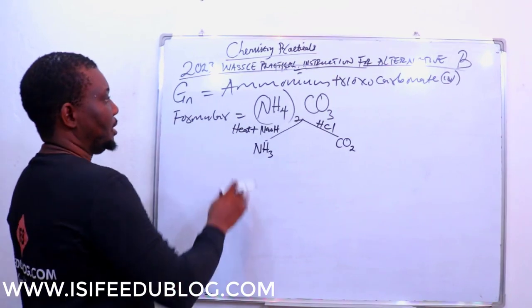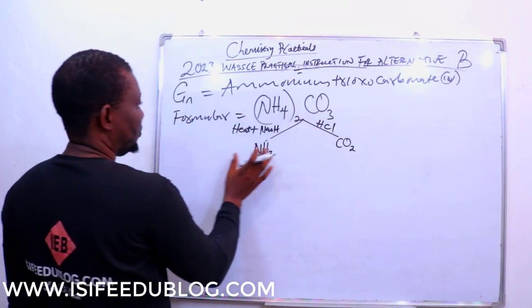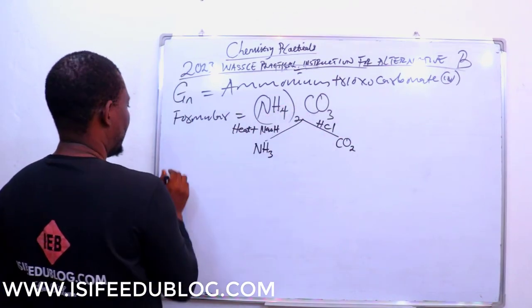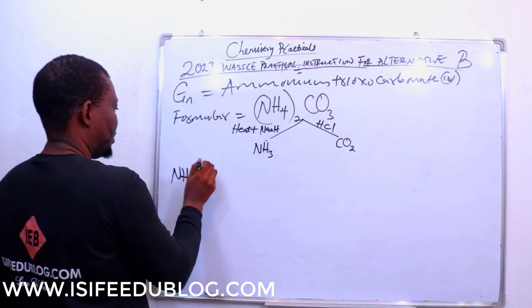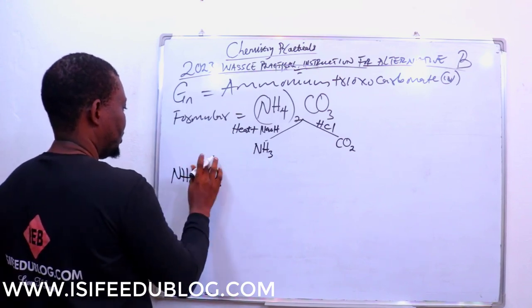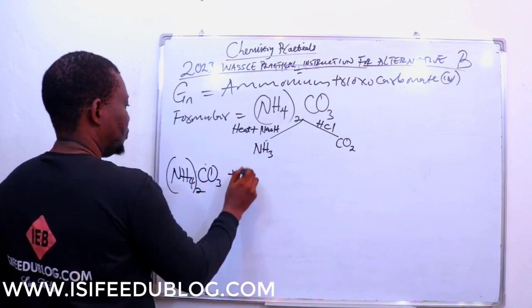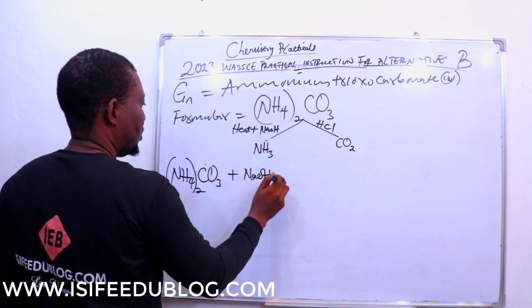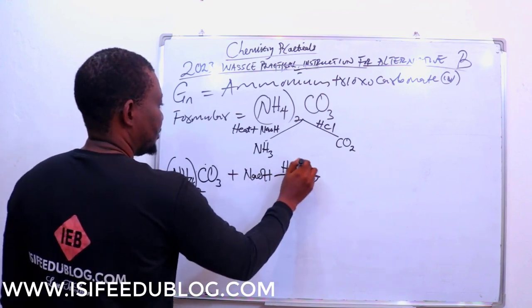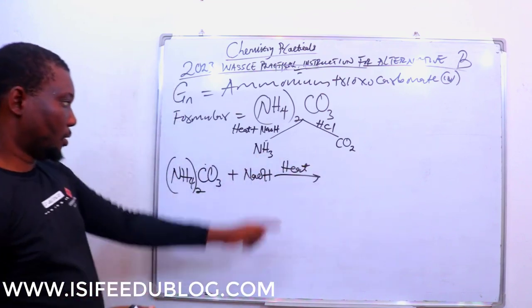Writing the chemical equation, supposing we want to react this with this plus heat, what's going to come out here?